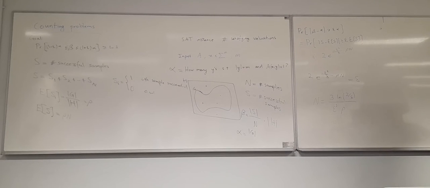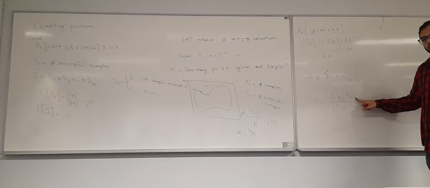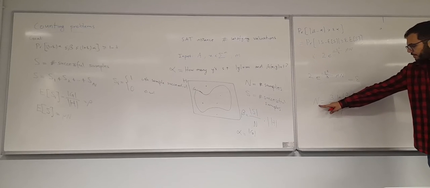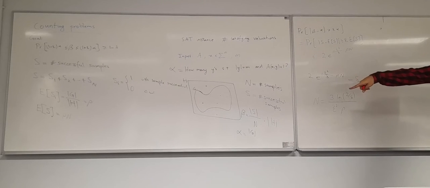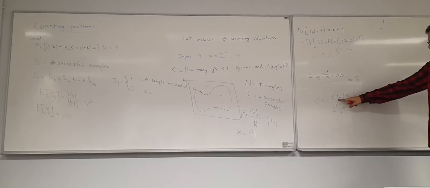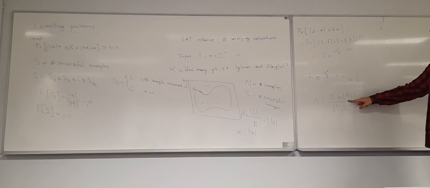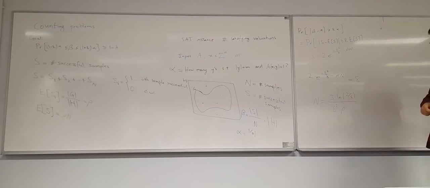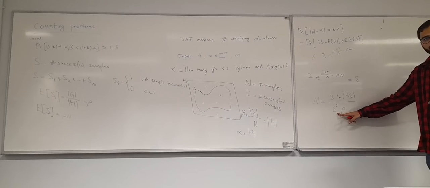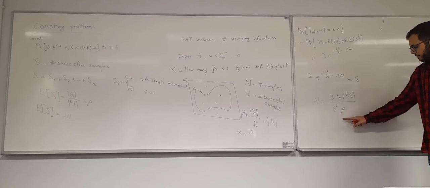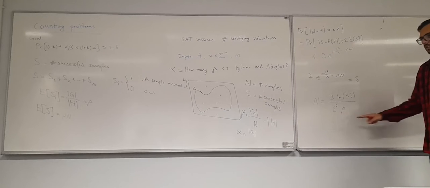Again, delta and epsilon are parts of the input to us, and that's fine because if we take n samples, for every sample we are spending polynomial time to check the sample, and this part is polynomial in the log of 1 over delta, and this part is polynomial in 1 over epsilon, so these are all good. The only problem is with the rho.